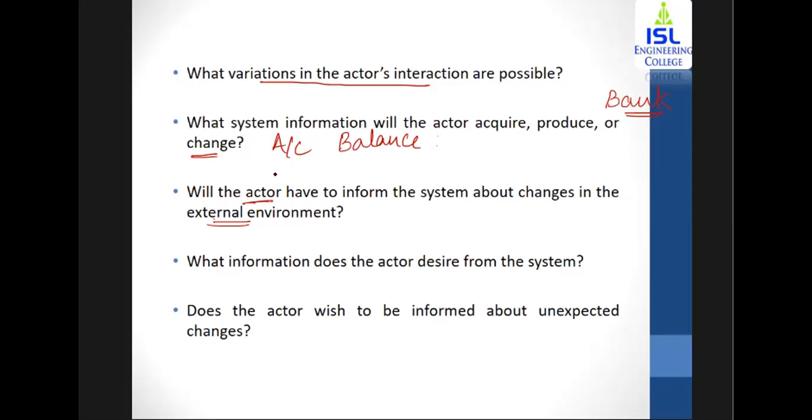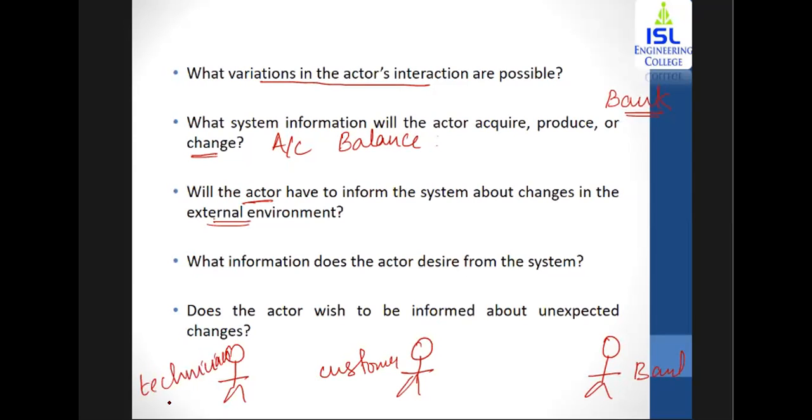Now in that previous example, you've got the customer that is opening the account, you've got the bank that is going to update your account. Now suppose you've got another use case, another actor; this can be a technician. The job of the technician is to add money within the ATM or to check any technical faults.